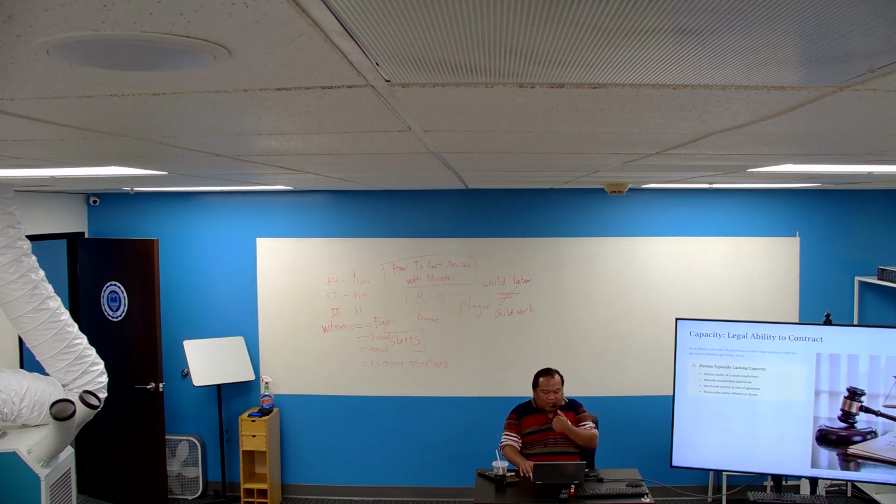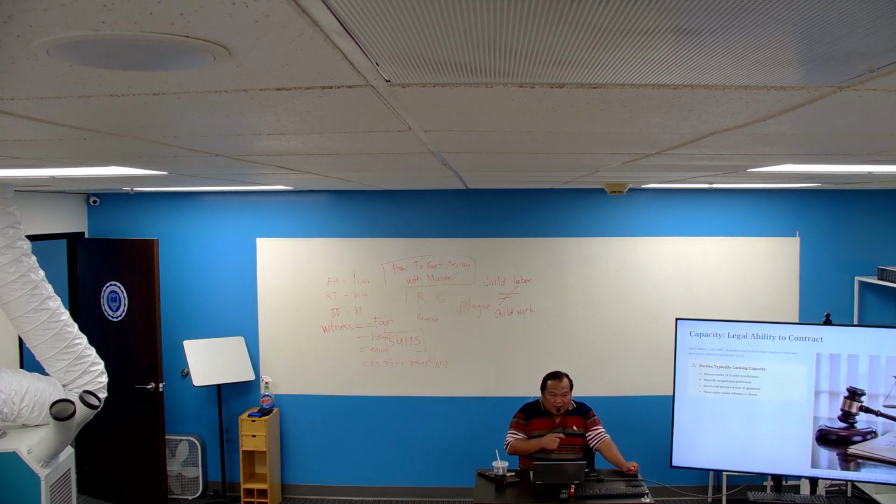Now, legal ability of the contract. For a contract to be valid, parties must have the legal capacity to enter into agreements. Okay. That means the people who will sign the contract are of legal age, either 18 years old or older. Why? Why cannot minors enter a contract? Because minors have lesser understanding.